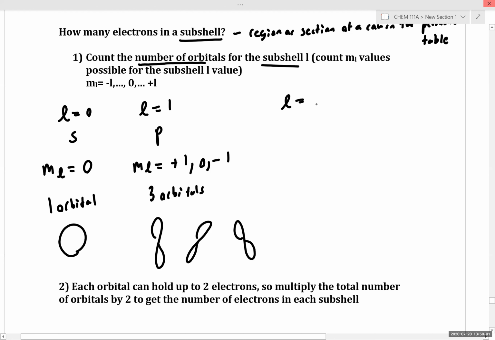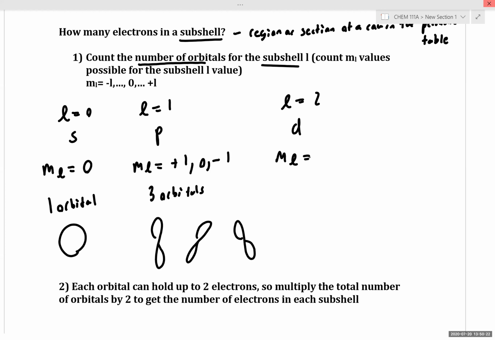For l equals 2, which is our d orbitals, I'd like you to tell me in the chat, how many unique ml values can we have?